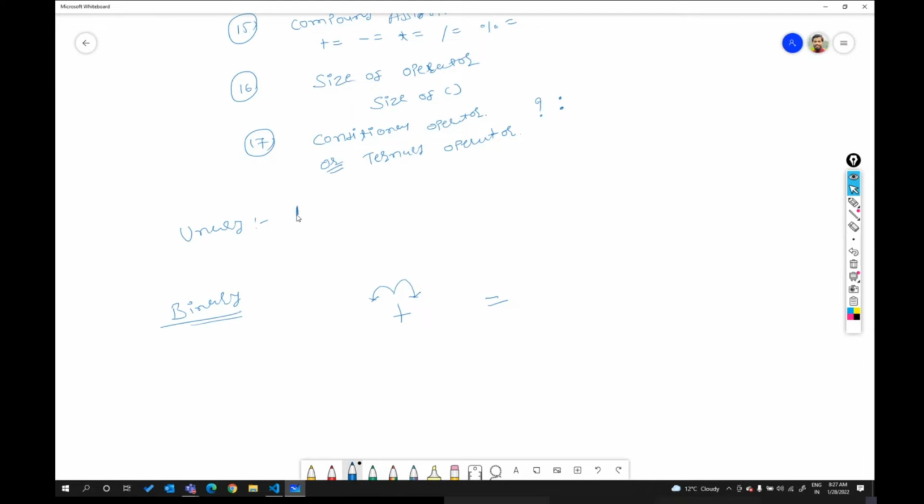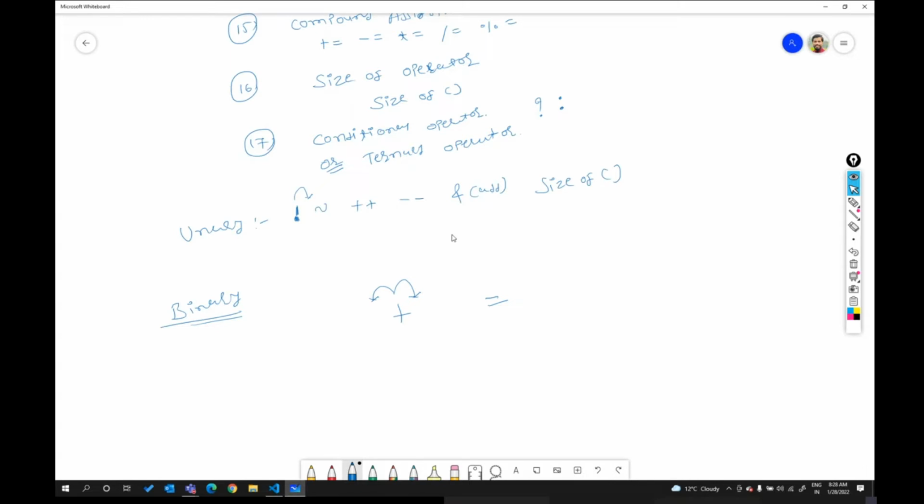For unary operator we have the NOT operator. The NOT operator needs only one operand to perform the task. There is only something after, nothing before. Because of that reason, NOT is a unary operator. Then complement is also a unary operator. Then increment, decrement. We will see this part when we come to that operator. Address operator, sizeof operator.